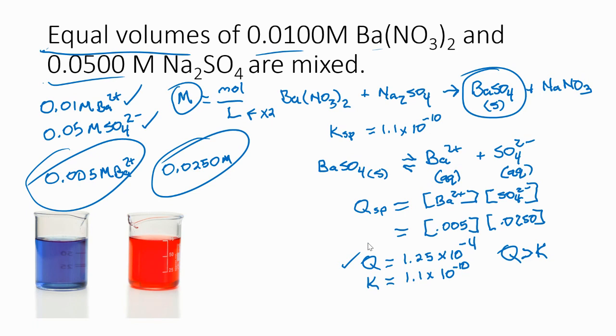And so anytime Q is greater than K, that means ions will get kicked out of solution. Another way of saying that is a solid or a precipitate will form. So again, we're predicting that solid will form in this reaction because our Q value was greater than K.